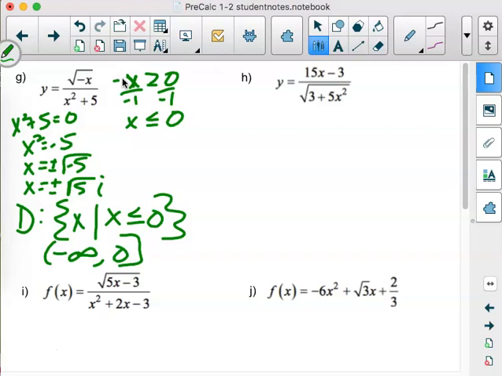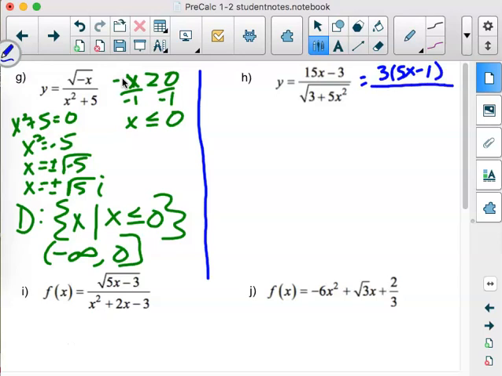So as I'm getting to h, I look at it and I think, oh, that's a double whammy. That is definitely a double whammy right there. I've got a denominator that could possibly be 0, and I have a square root. So I do notice that my numerator is going to be factorable, and it's never a bad idea to do that.